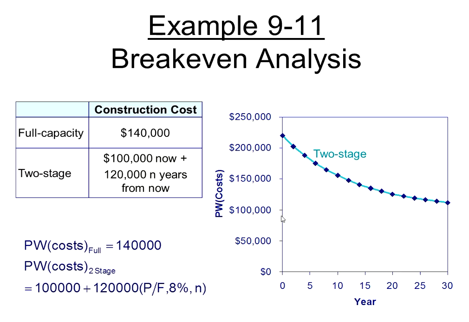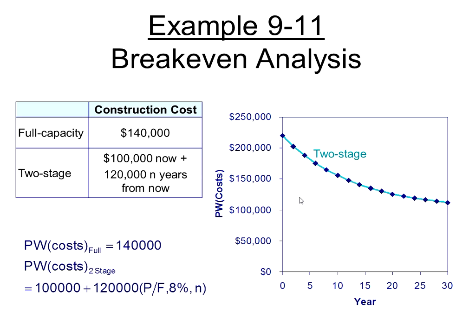And another way to do it would be graphically, right? This is the graph for two-stage, depending on different years. This is for 0 years: if you right away build the two-stage, you see this is 100,000 plus 120,000, so that would be 220,000. Of course, we're not going to do the two-stage construction in year 0 if the full capacity is much cheaper.